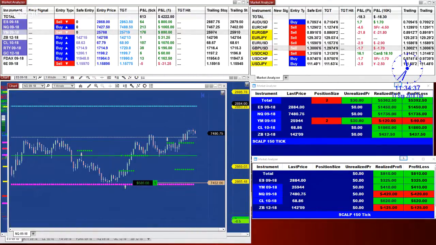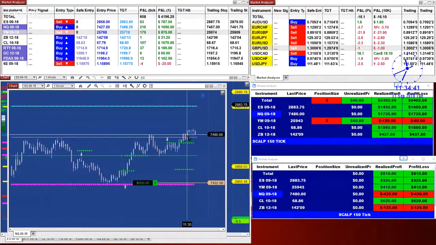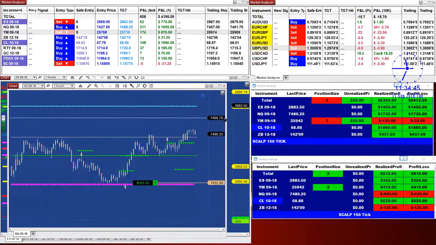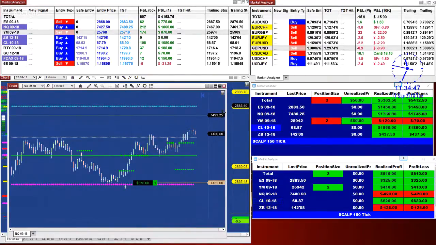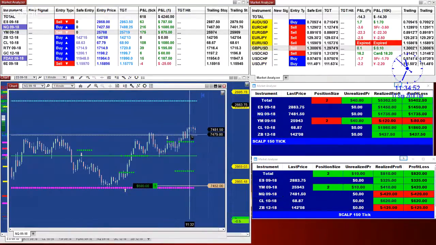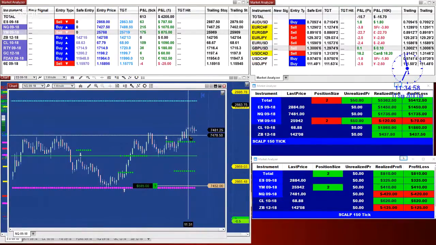There we go. We're coming to that line, and if we break that line, that means we are going farther down. Let's see. Let's look at 79, the 79 level, 78.50 if it's going to hold.